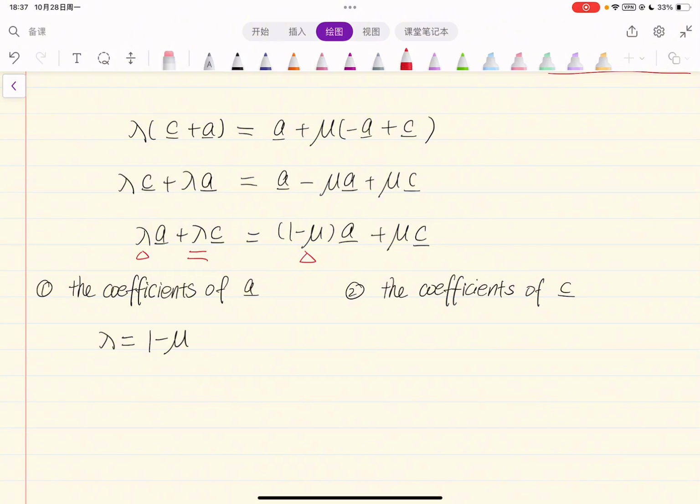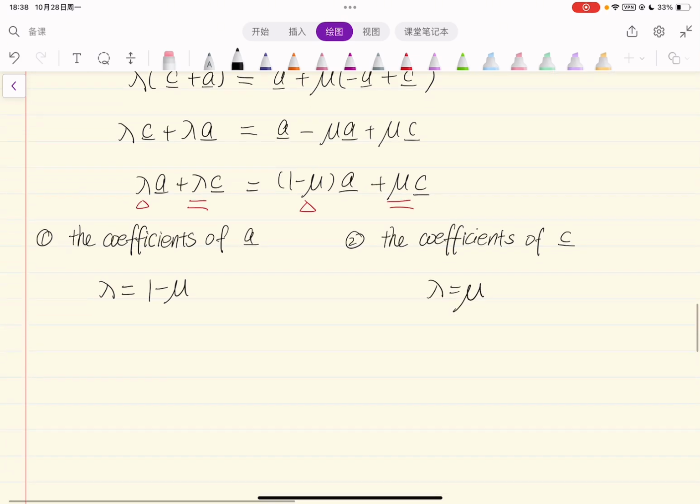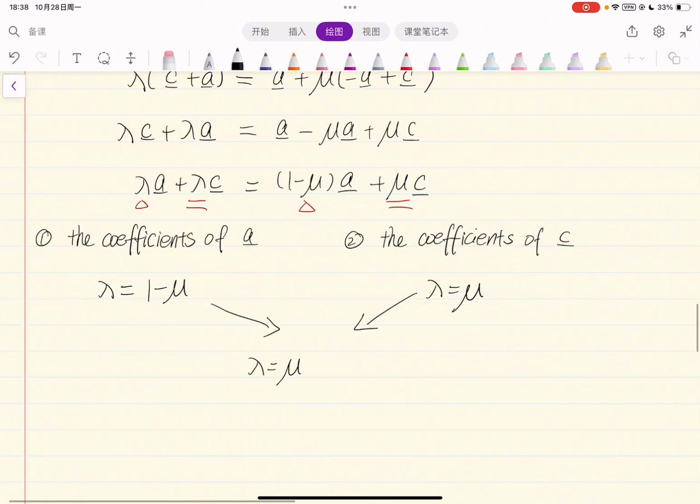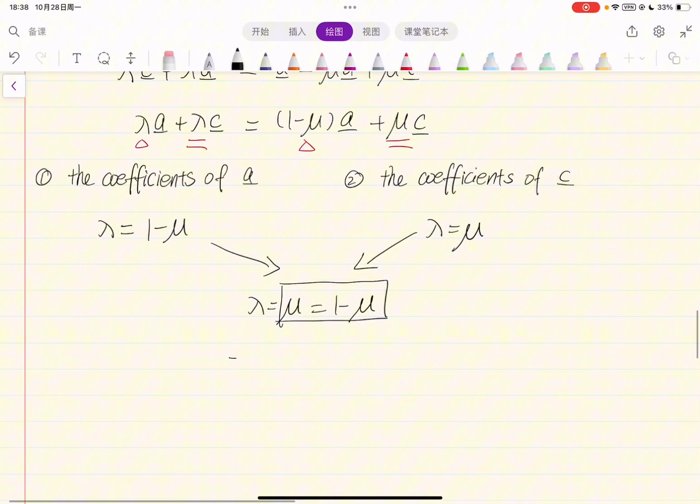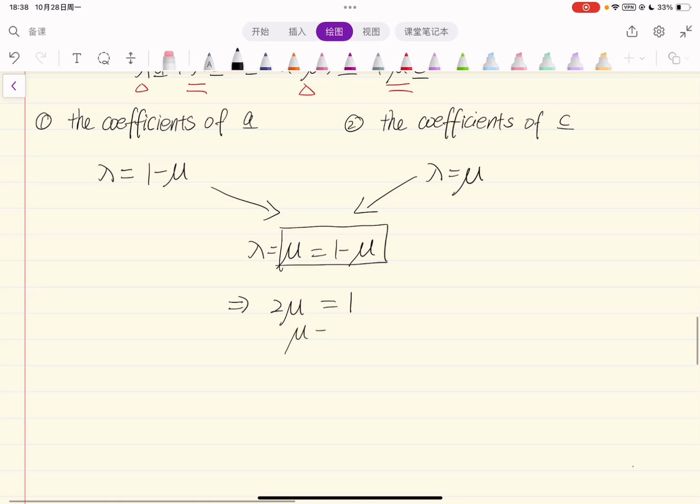We have lambda equals mu. So comparing these two, we have lambda equals mu equals 1 minus mu. So focus on this equation. We have 2 mu equals 1. Then mu equals a half, which also equals lambda.